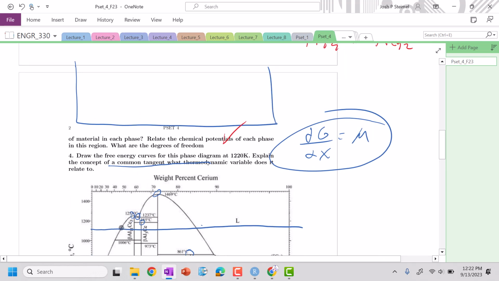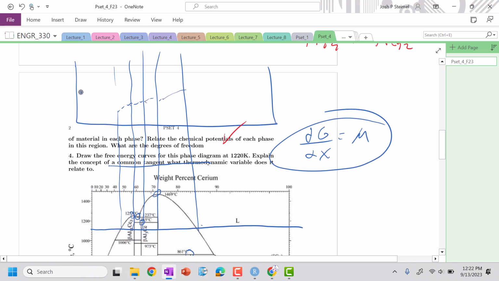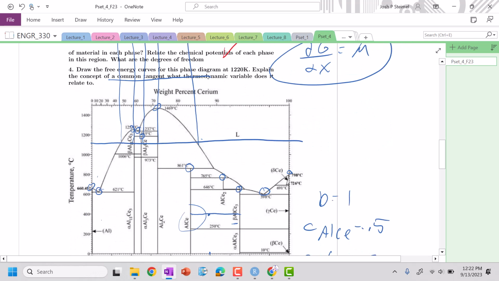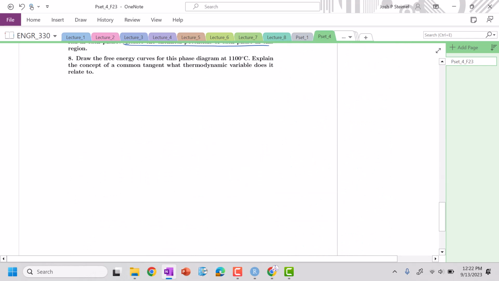So remember, we can draw here, and here's a two-phase, here and here's a two-phase, here and here's a two-phase, here and here's a two-phase. And so again, in each of those two-phase regions, you would basically draw through, and then you'd have each region come, touch, and come in, and then the next phase and the next phase. So just like we did on the previous problem.